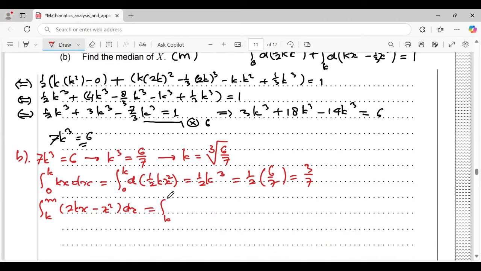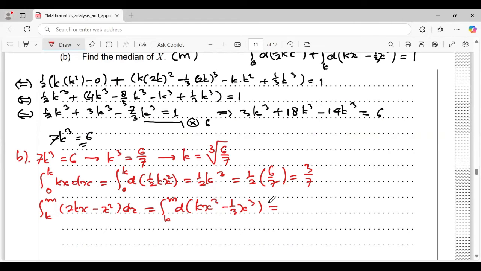So k to m, and the integral of this expression is kx squared minus 1 over 3 x cubed.